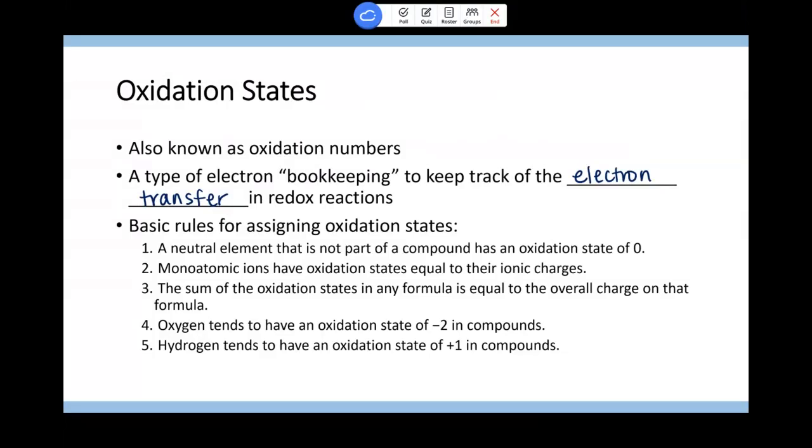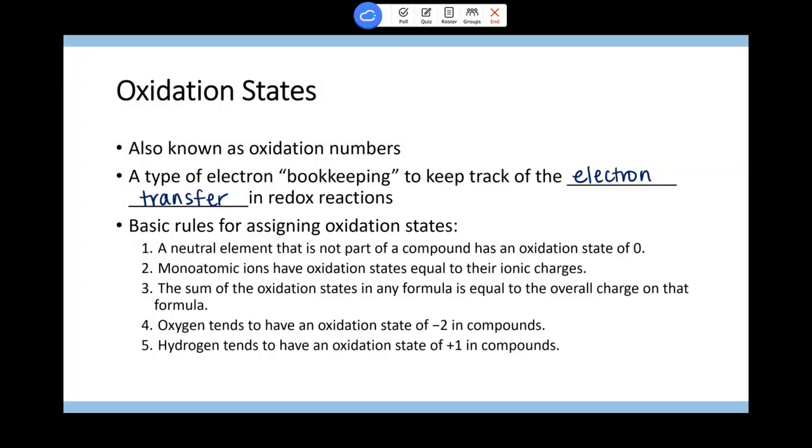Rule number 3, the sum of all oxidation states for a formula is equal to the overall charge of that formula. So if you have a neutral compound, the overall charge of that compound is 0. So the total oxidation state of each element in the compound, if you add them all up, it should be 0.